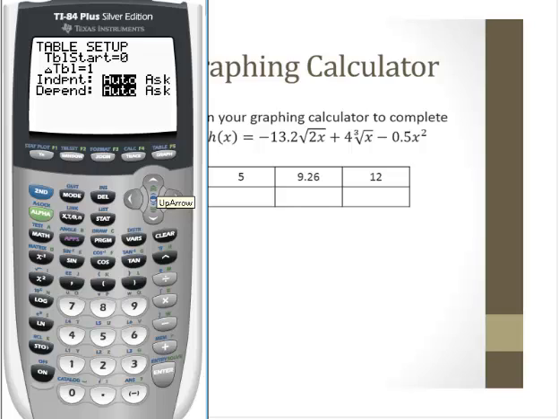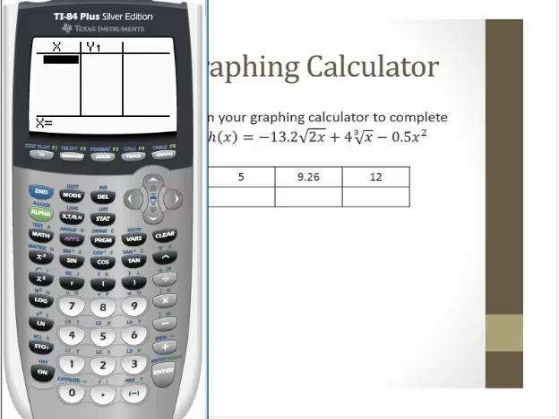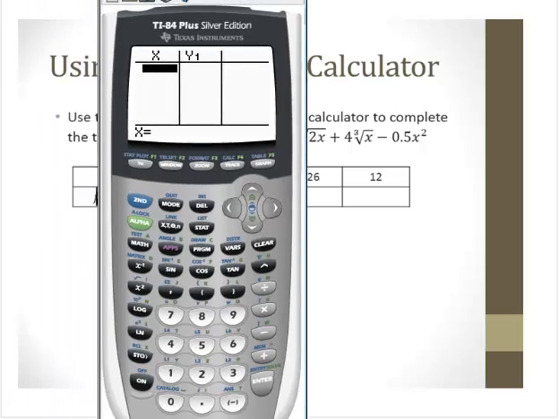The only thing I really need to do is go to that independent line, my x. I'm going to change it to ask by moving over to ask and hitting enter. I'm not going to change the dependent line. Now I'm going to go to the table by hitting second and the graph button. And it's blank. Well, that's okay. It's waiting for my inputs.